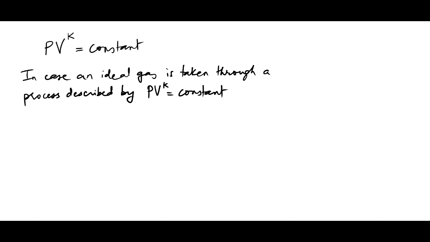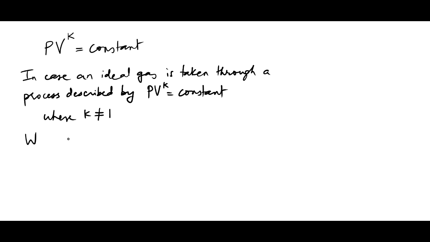In case an ideal gas is taken through a process described by PV raised to K equal to constant. Now K could be gamma, of course, but there's one condition: K should not be equal to 1. So that's the only condition which we have to impose.